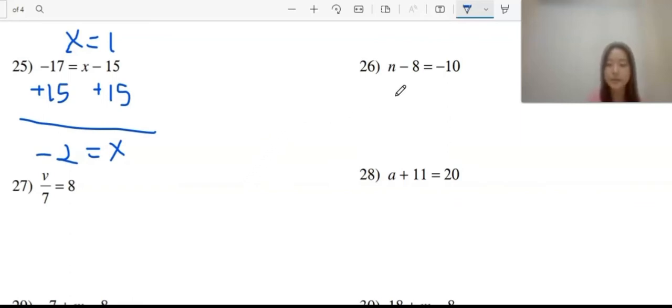26. n minus 8 is equal to negative 10. So n is a variable, 8 is subtracted, and we want to undo that process, so we will have to add 8. Add 8 on both sides. That makes n equal to negative 10 plus 8 is negative 2.